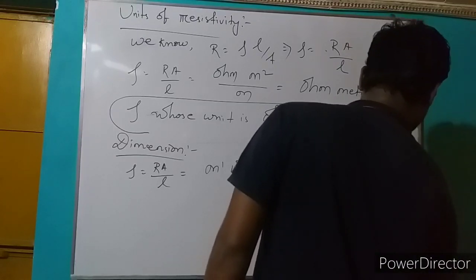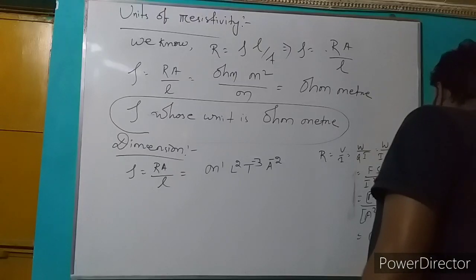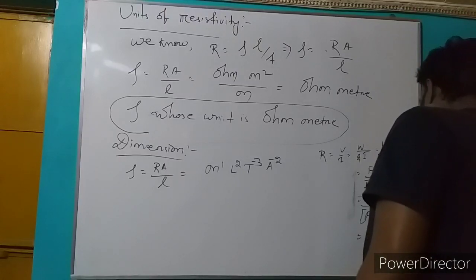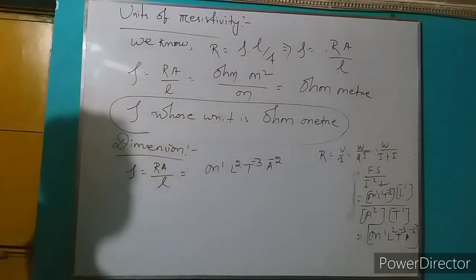So we get M1 L2 T minus 3 A minus 2. Okay, this is the dimension formula.